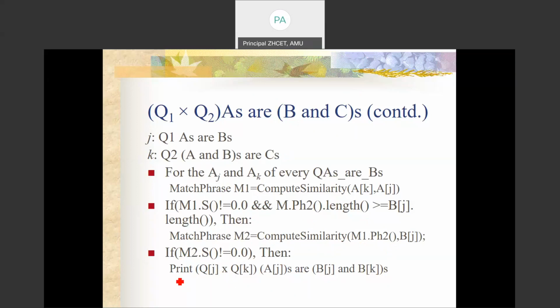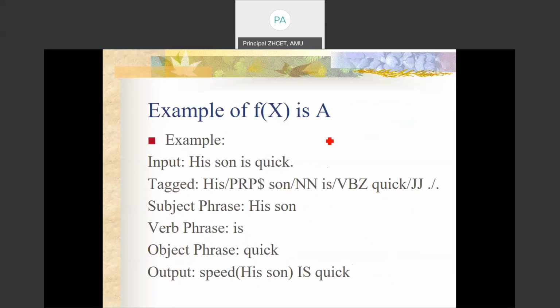Then I can print, if it is not equal to 0, which means it is not completely dissimilar, we print Qj into Qk, Aj's are Bj and Bk's. So I'll use the same methods, the same class, match phrase and compute similarity method, in order to detect Q1 into Q2, A's are B's and C's.